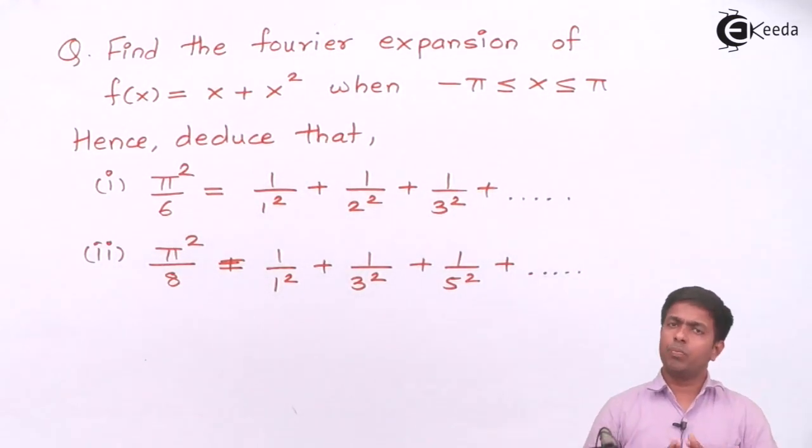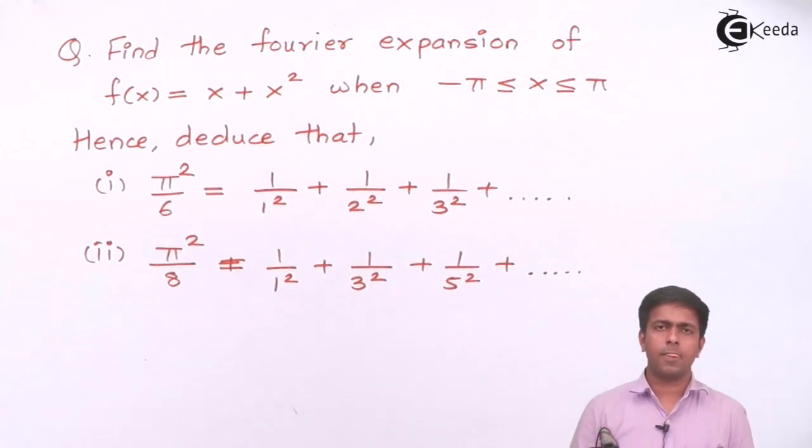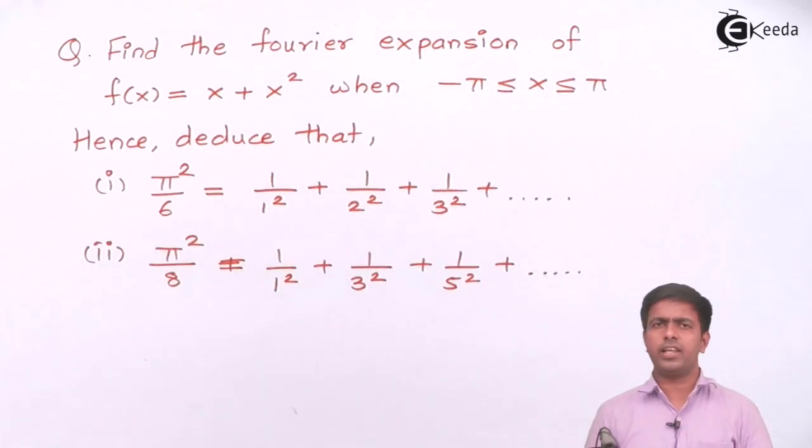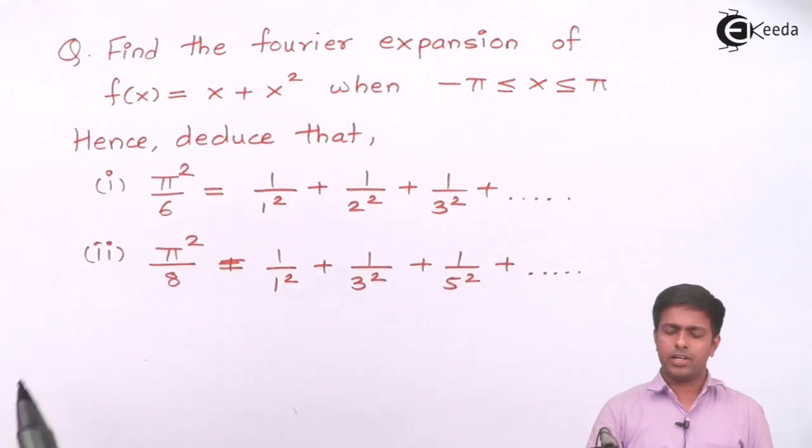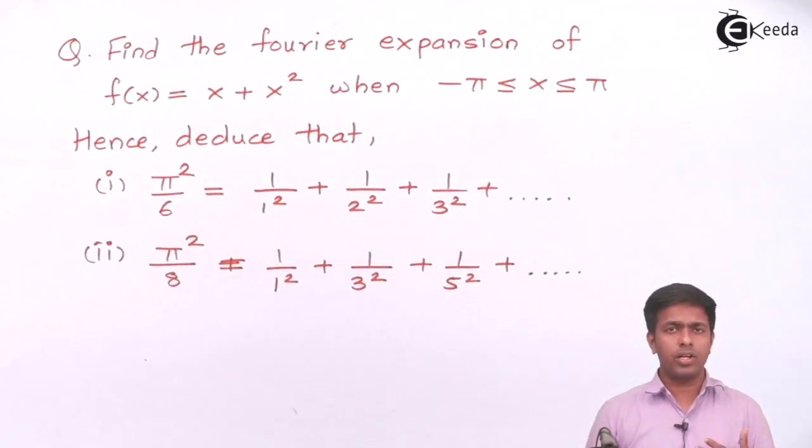So guys, you may use both methods, but what I'll recommend over here is you use the separation method, because if you use the general method where you're not checking whether the given function is even or odd, then you'll get the answer, that is the Fourier series.